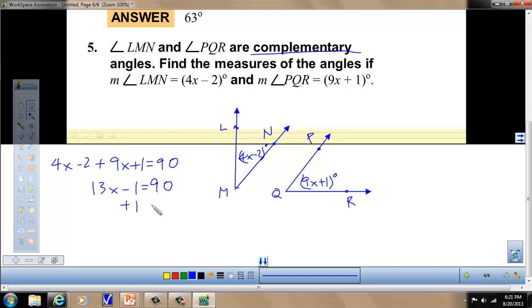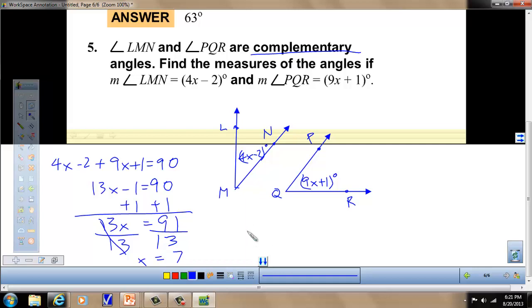Adding 1 to both sides, let's hope this goes in even, so I won't have to deal with crazy numbers. We get 91 here. It looks like it goes in 7 times. Let's see if that works. If we divide these two, 7 times 13 gives me 91. So x is equal to 7.